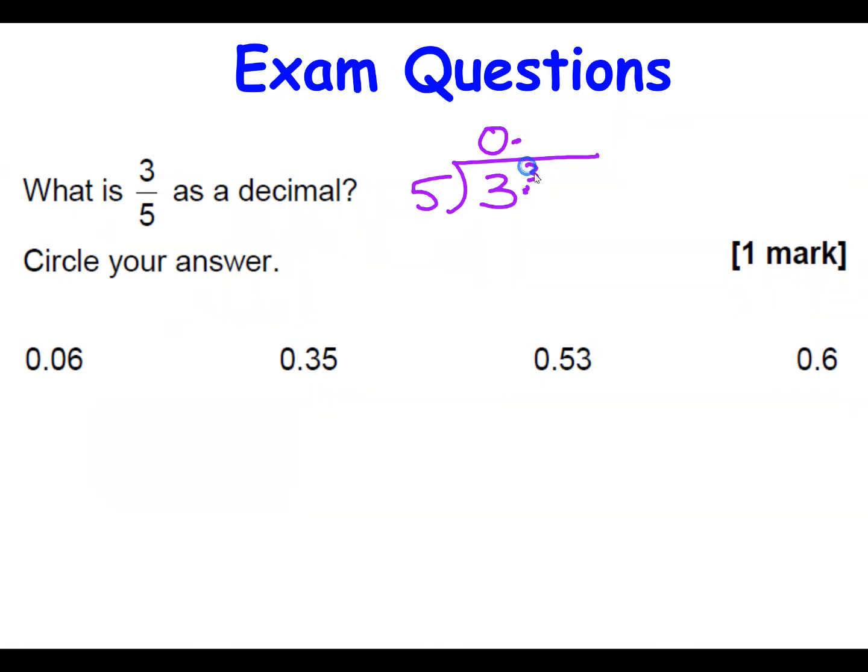We carry the 3. We now put in one of our invisible zeros after our decimal point. So how many times does 5 go into 30? Well, I know it goes in 6 times. So it's a terminating decimal. There's no remainder left. So 3/5, when we do the maths, is actually 0.6.